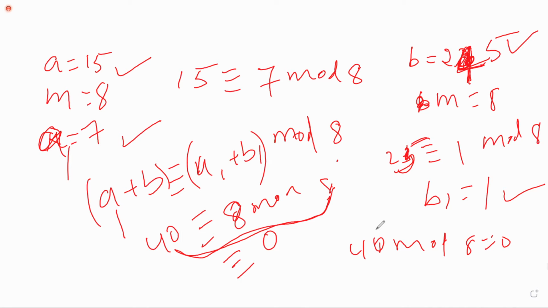So this is one of the properties of modular arithmetic. So if A is congruently equivalent to A1 mod M and B is congruently equivalent to B1 mod M, both are divisible by the M mod, then we can say that A plus B is congruently equivalent to A1 plus B1 mod M. So that is one of the properties.